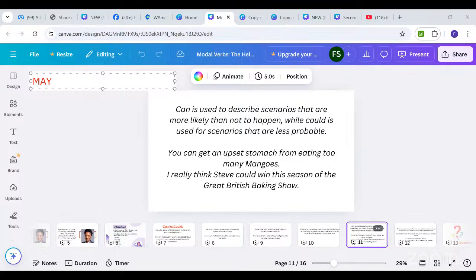Let's take another example. If I win the lottery, I might buy a private island. I've not even won the lottery, so it's not past. But then in the second part of the sentence, I say might. I might buy a private island. So the situation here is the word if.